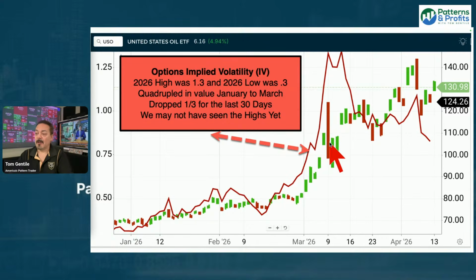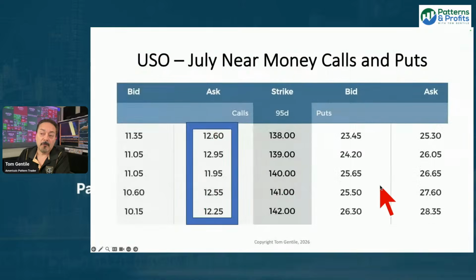It must be higher now because the price of USO has gone up. Well, we've all gotten this lesson before in options, unless you're brand new. Let me show you what's happened since. If you take a look at the USO options chain, this is the July options, the options that expire three months from now.